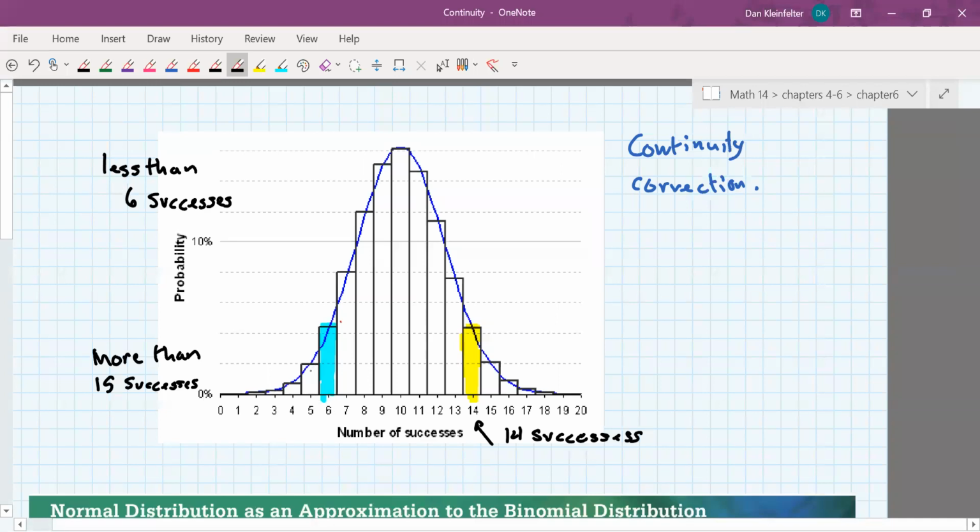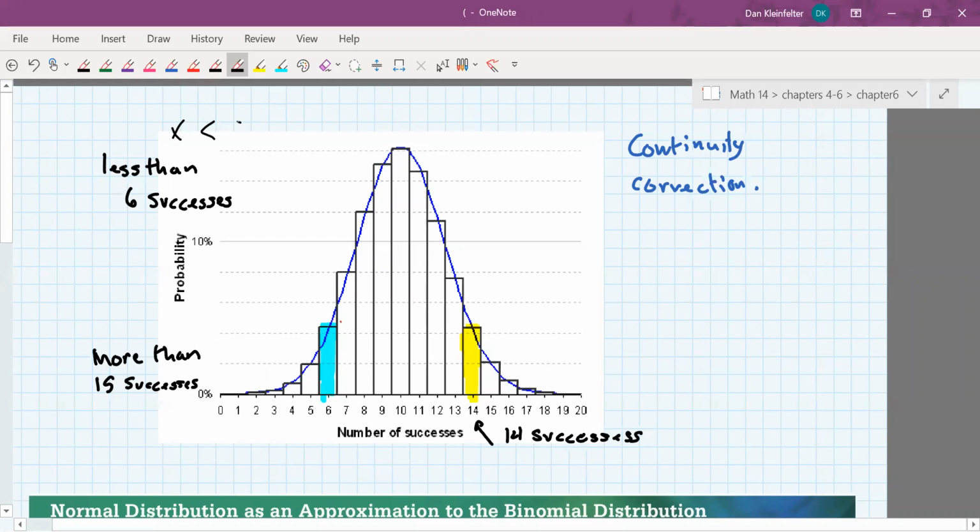So we want to think about what numbers would round to 5 if we're looking at a continuous interval of numbers. That is, the number 5.8, for example, would round to 6. Which numbers would round to less than 6, that is 5 or fewer, would need to be 5.5 or less.